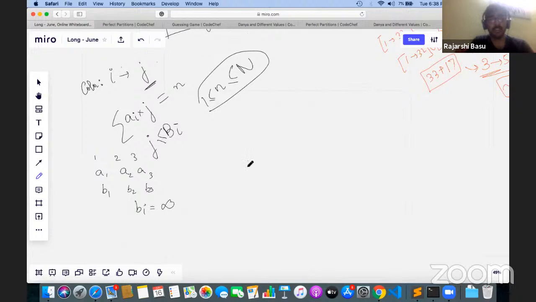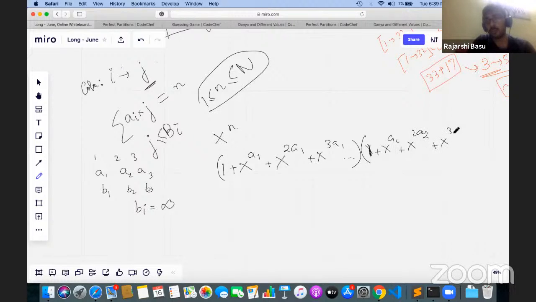Then your problem simplifies like this. We have to find the coefficient of x to the power n in the following polynomial multiplication: 1 plus x to the a1 plus x to the 2a1, and so on, into again 1 plus x.